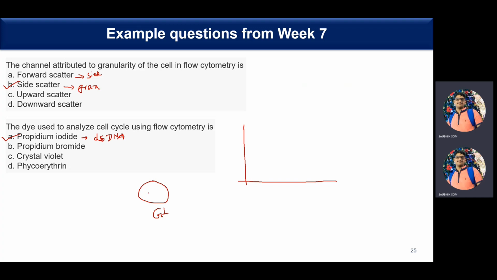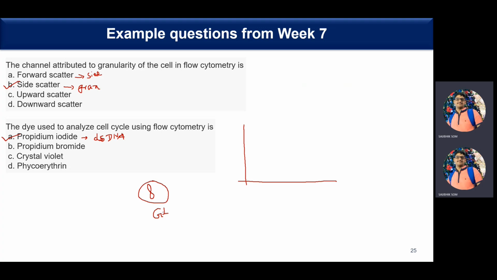At the G1 phase, how does the chromosome look like this, correct? The chromosome looks like this because there is not yet any division happening, correct?